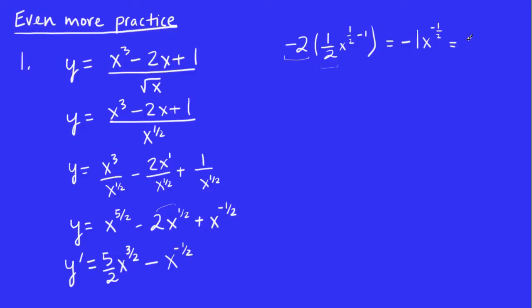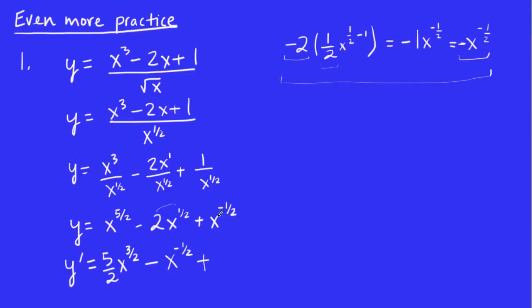And this 1 is just unnecessary, so we get x to the negative 1/2. Sorry, this negative 1, the negative has to stay, right? But the 1 doesn't have to be written. And this expression here is what I wrote down there. So it's nice if you can do that step in one step in your head without having to bother with this. But there's really nothing wrong with this. It just takes a little bit longer.